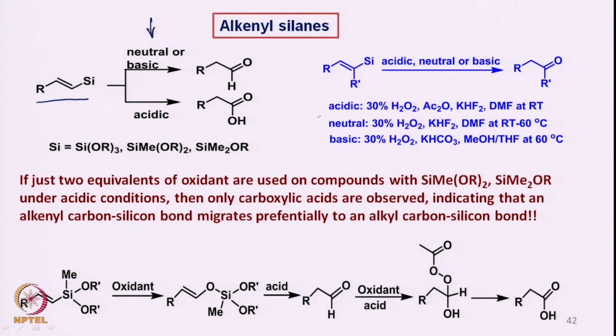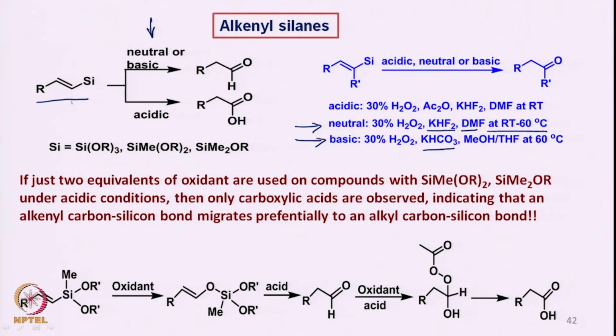In neutral conditions you have hydrogen peroxide, then KHF2, then DMF at room temperature to 60 degrees. Then you have basic conditions under which you use potassium bicarbonate and methanol at 60 degrees.